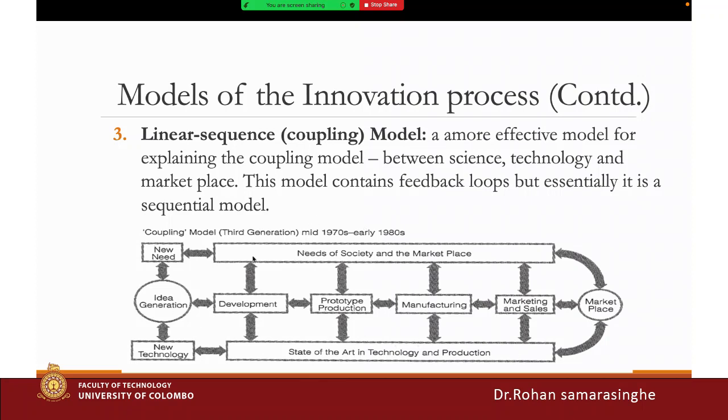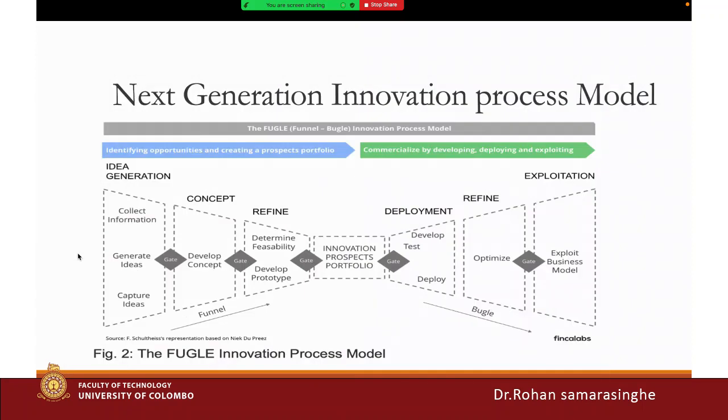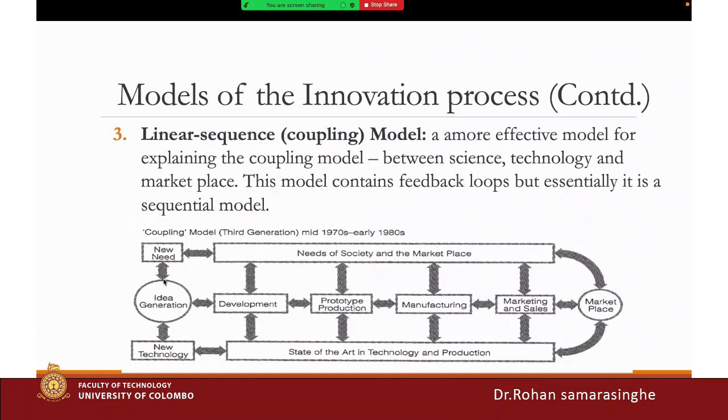To satisfy these new needs, use the new technology, generate the idea, develop it, prototype it, manufacture, market and sell. We can find this in the 70s to early 80s of this marketplace. Actually, this will start from the new needs and try to use the new technology.